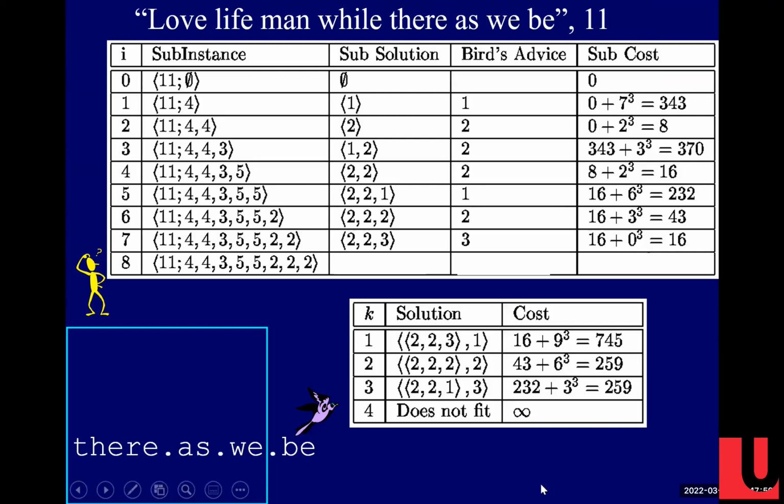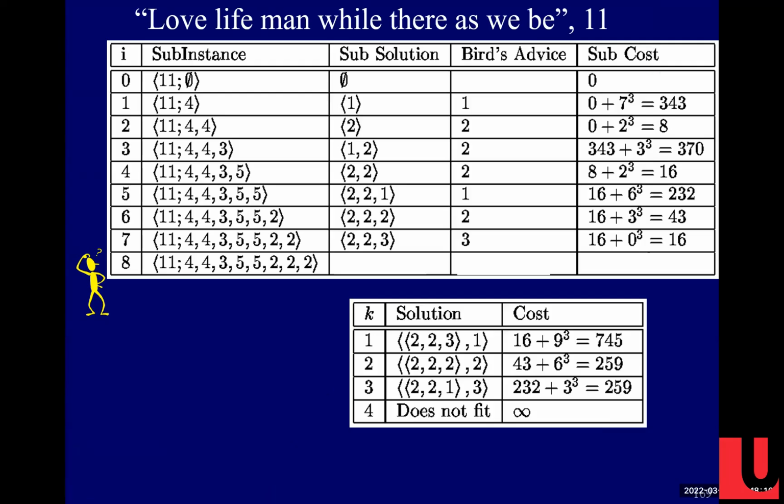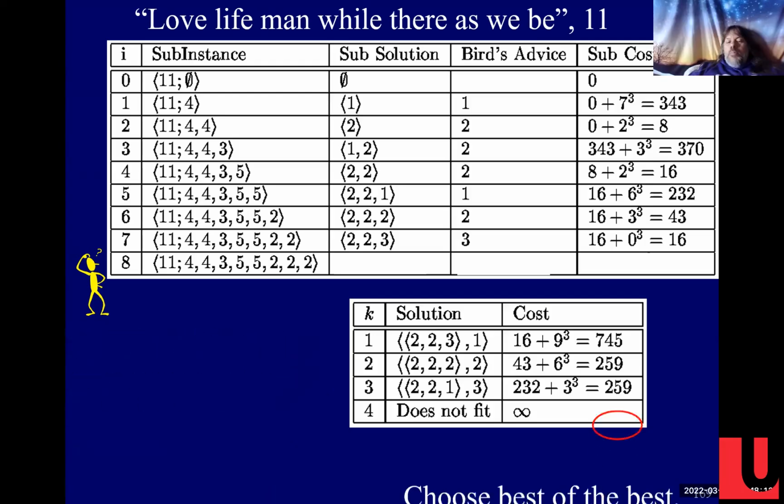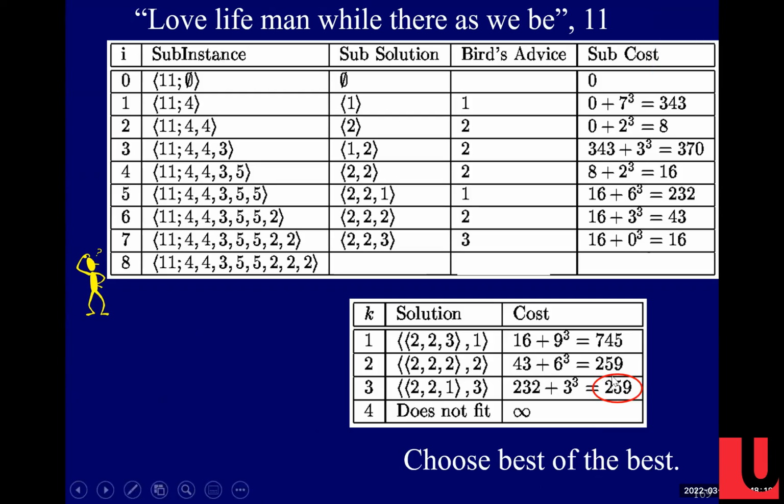Right? So what do we do now? Which answer? What's our answer? Compare the local best. Right, exactly. We tried all bird answers, so we choose the best of the best. And you'll see these two solutions have equal cost.